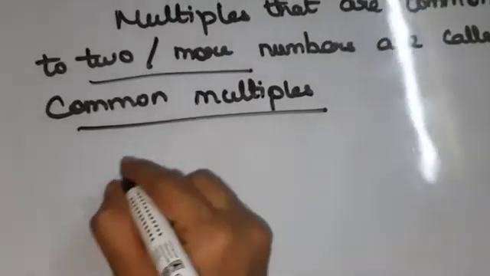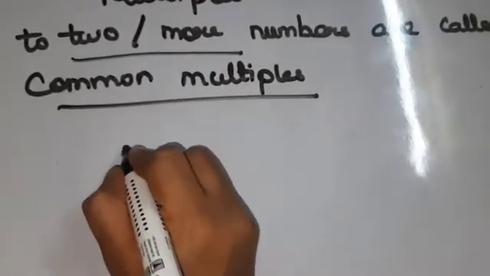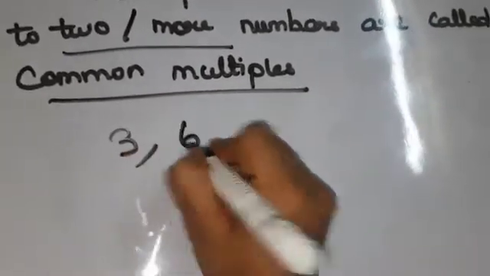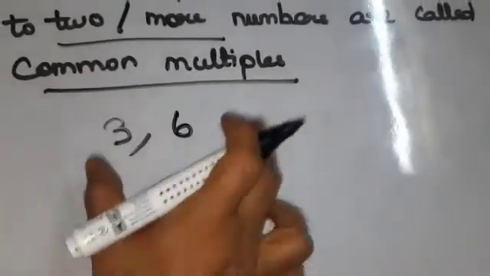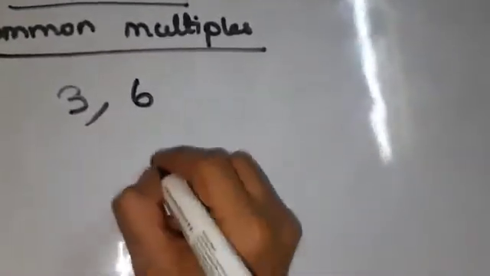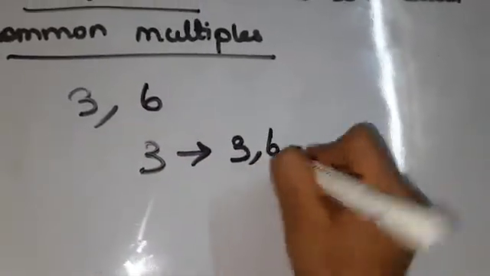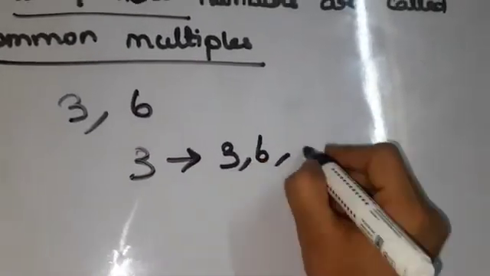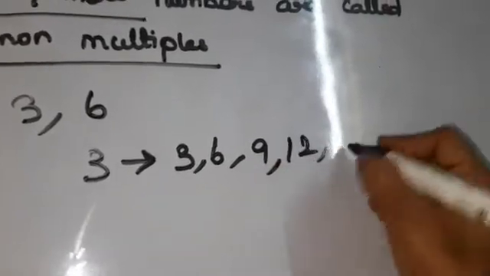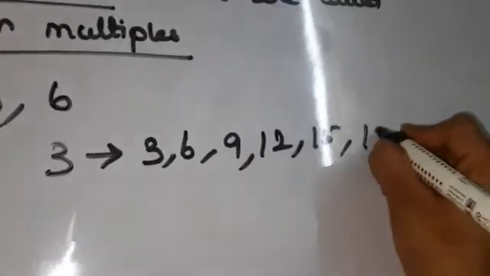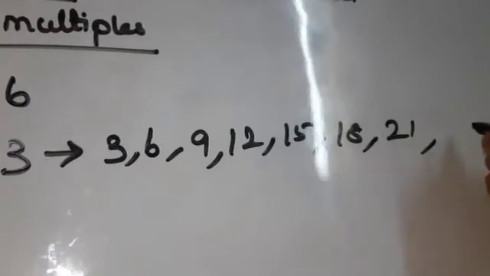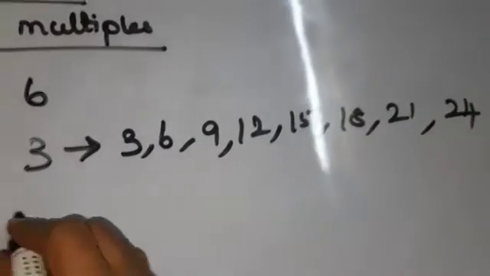If they give a question to find the common multiples of 3 and 6, you have to write the multiples of 3 and 6 first. So the multiples of 3 are 3, 6, 9, 12, 15, 18, 21, 24.